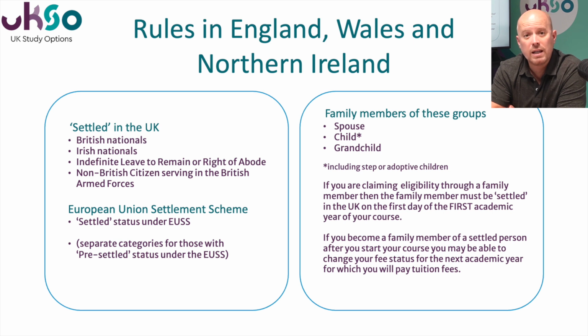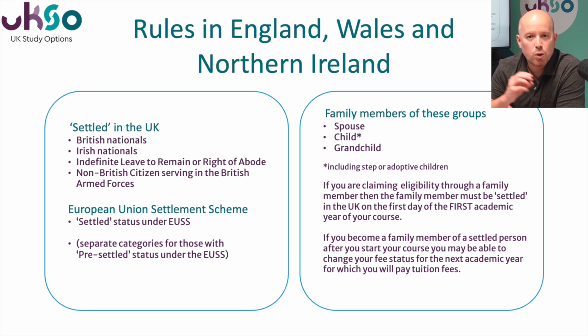Just a quick note here that family members of these groups could also get home fees at university. So a spouse, a child, or grandchild. So if the child or the student themselves is not a British citizen or they don't have indefinite leave to remain, but perhaps they have a parent or a grandparent or a spouse, then they could get home fees. But if you are claiming eligibility through a family member, then the family member must be settled on the first day of the first academic year of the course.